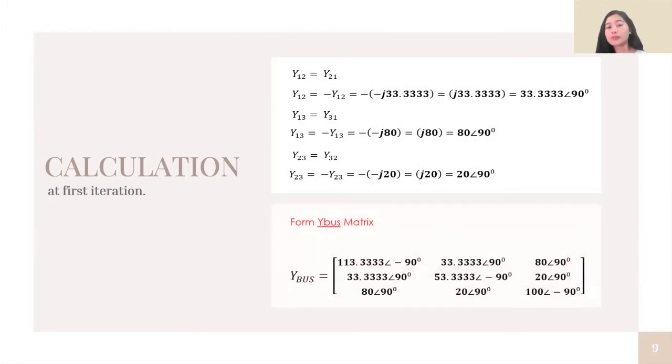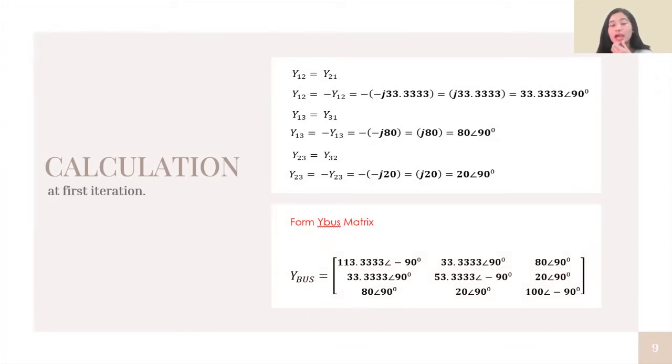Same process. So if we form our y-bus matrix now, you can see we have a 3 by 3 matrix because we have a 3-bus power system. We said that the number of buses is the n by n size of our matrix.